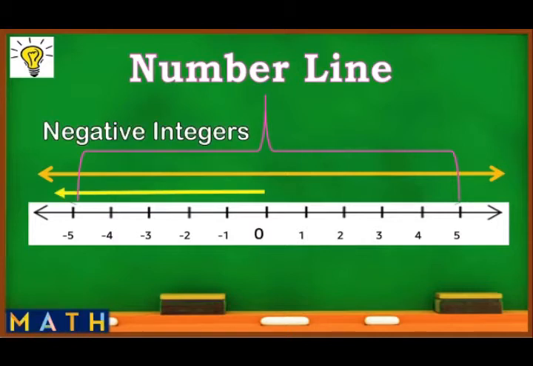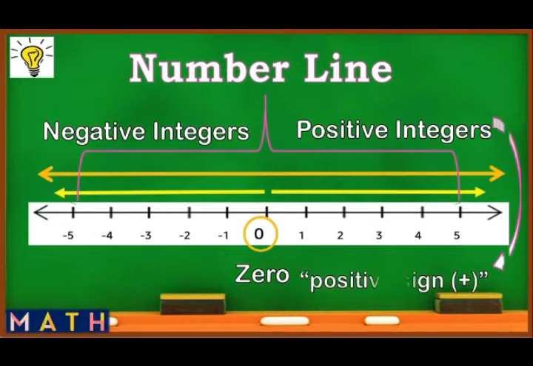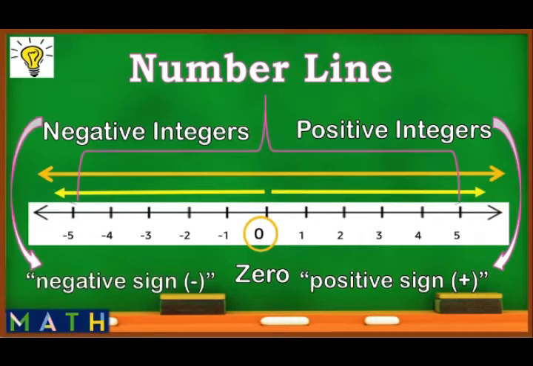Negative integers are at the left of 0 and positive integers are at the right of 0. 0 is neither positive nor negative. Positive integers are written with or without the positive sign, while negative integers are always written with the negative sign.